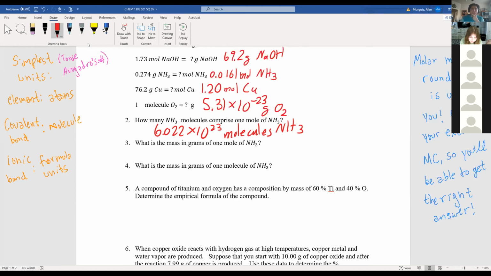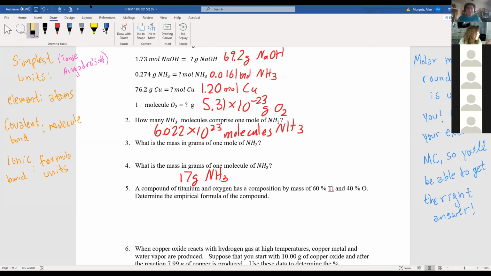And what would be the molar mass of ammonia? 17. You can safely round it up to 17, right? So it'd be 17 grams of ammonia, because remember, for every 1 mole of ammonia, it's equivalent to 17 grams of ammonia.